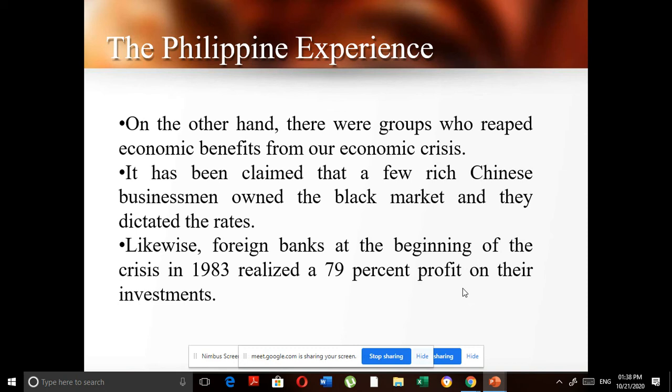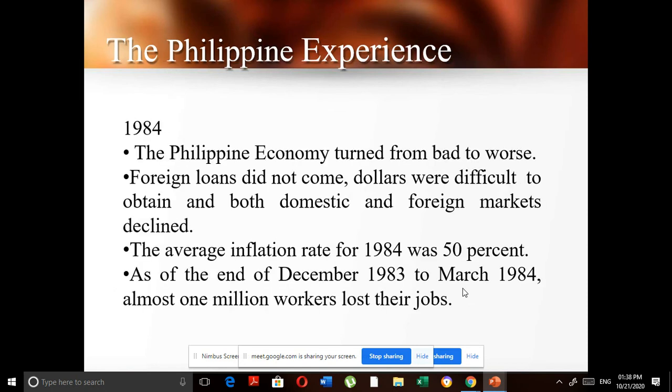So you see, I want to show just this example about the Philippines experience. Inflation rate was approximately 50%. From the end of December 1983 to March 1984, almost 1 million workers lost their jobs.